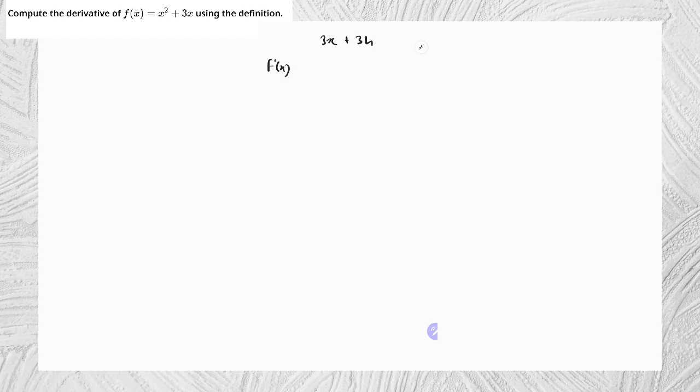Now you substitute that value into the limit definition, and you have x squared plus 2xh plus h squared plus 3x plus 3h minus (x squared plus 3x) in brackets, divided by h as you limit h to 0.